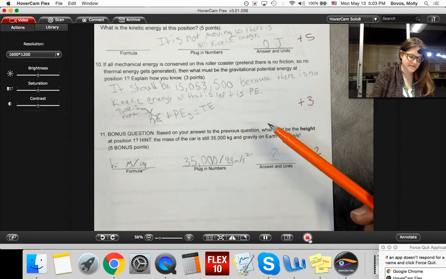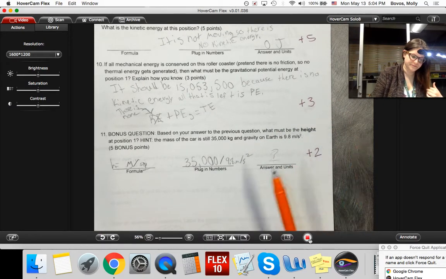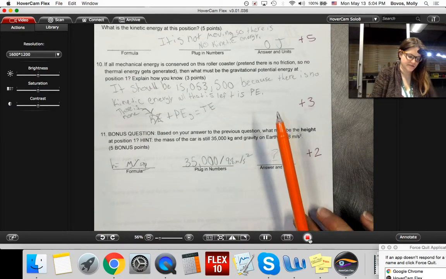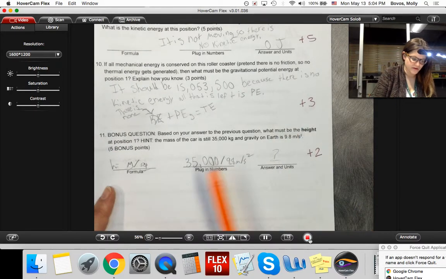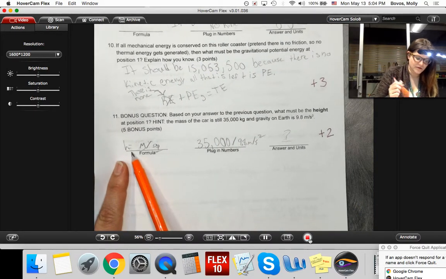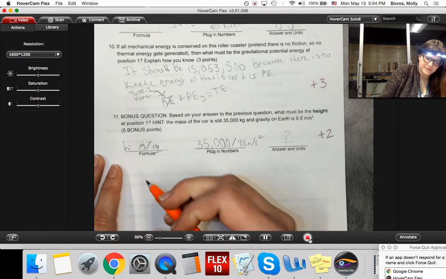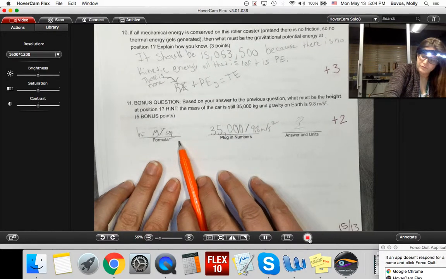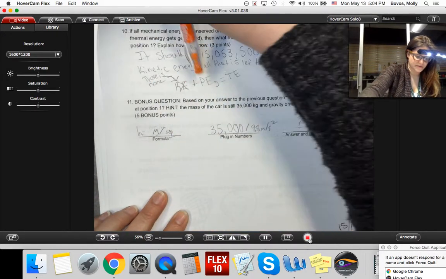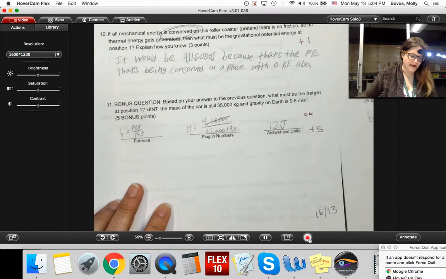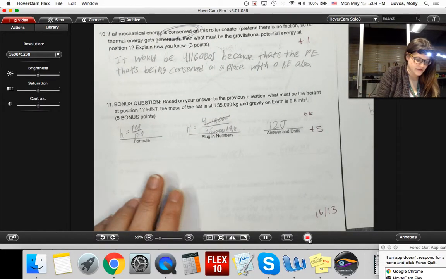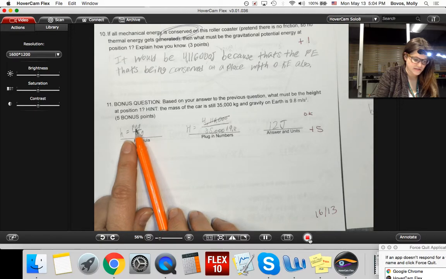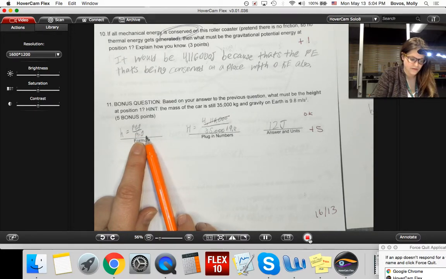And then the last thing was this bonus question, which is solving for the height. And so this one was on the right track. What we're looking for here to be able to solve for that height is basically your potential energy divided by the mass and your acceleration.